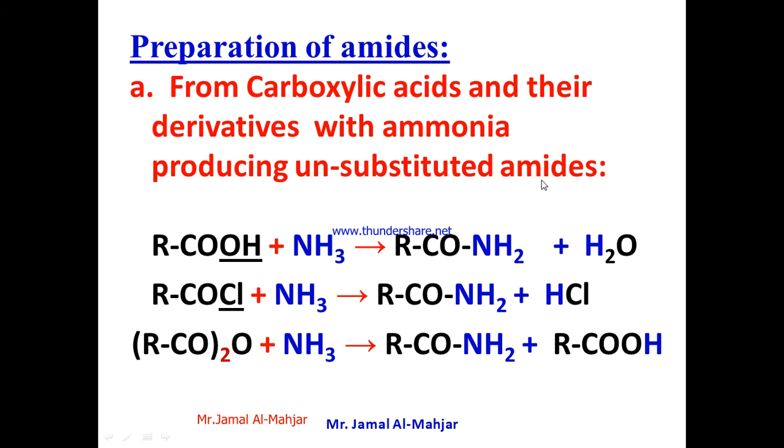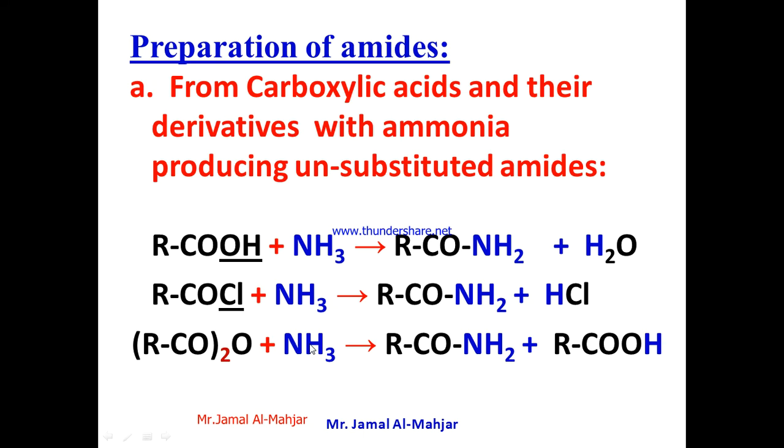If you need unsubstituted amide, I mean you have NH2, in this case you have to react carboxylic acid or acid chloride or acid anhydride with ammonia. Look, this is NH3.